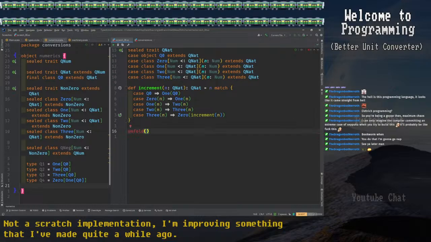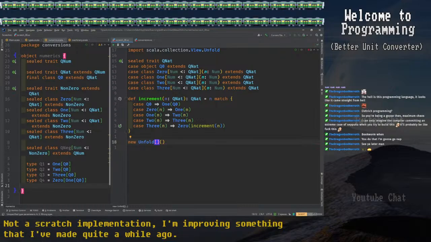Never mind, there isn't an unfold in Scala. It's just I have to define... or not? When did this get added? That's a thing? Is it a case class? No. New unfold. Sure.